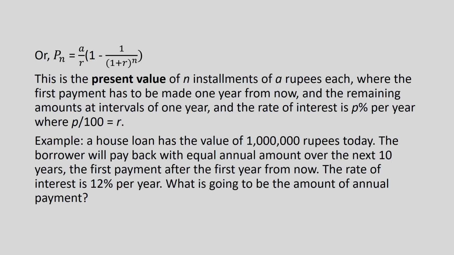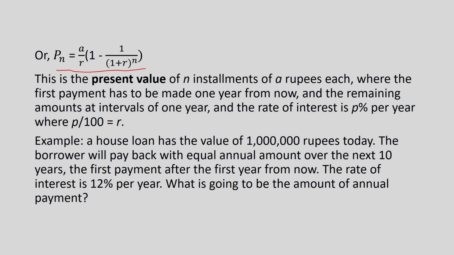Then the present discounted value, or in short present value, of this series of payments in future is given by this expression Pn, where R is the rate of interest, it is also called rate of discounting, N is the total number of periods, and small a is the payment per period, or we can call it the installment per period.